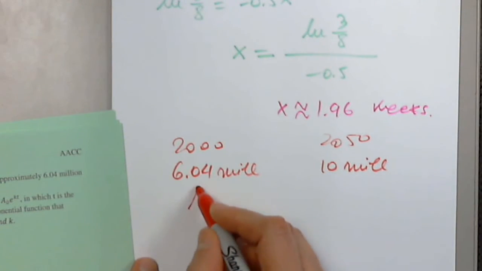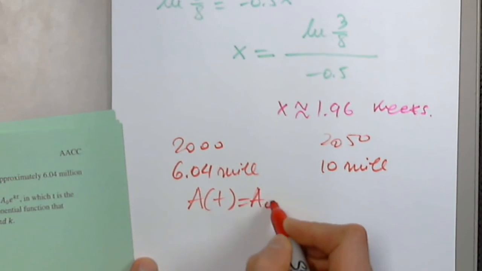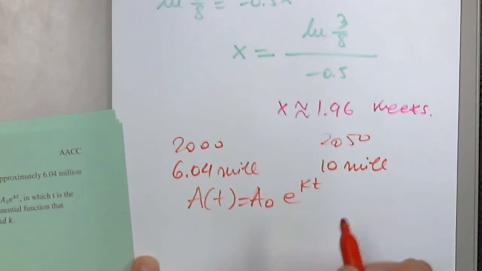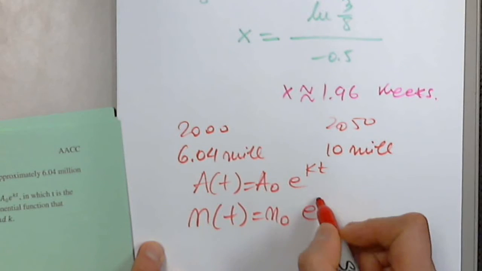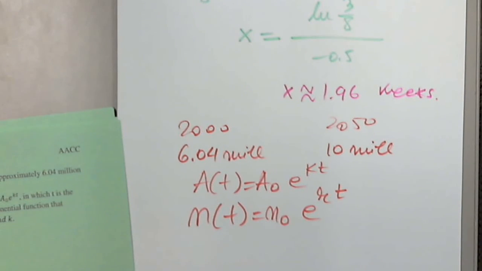Use the exponential growth model. This is what your book shows, and this is what I recommend, but it doesn't matter. Use the one you like. This is the popular one because we're talking about a number, but it's the same thing. Find an exponential function that models the data.